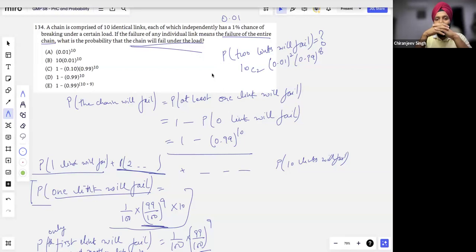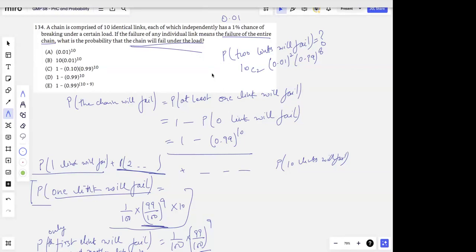One learning for me, even though this is not a learning, but I've seen this with me quite often. In quant, you have to solve as quickly as possible, and because of that, at times in the first sum I took 12 into 43, even though I had solved the first question and written 12 into 41.